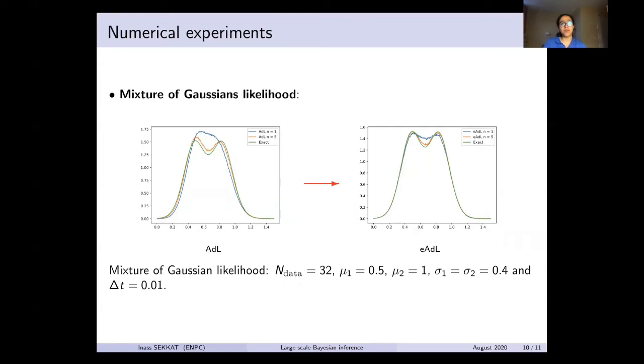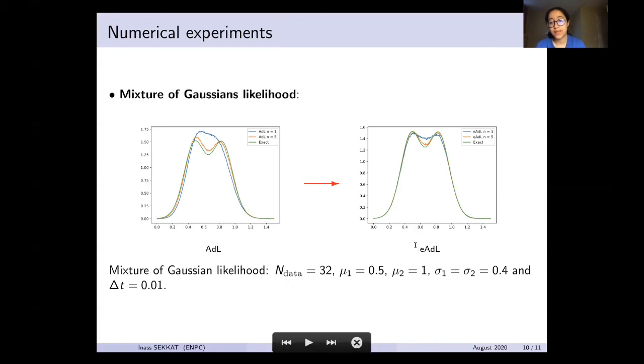So finally, we show some numerical experiments. So we consider the case of a mixture of Gaussian likelihoods. So we run the ADL for different sizes of the mini batch. We can see that the bias increases as n decreases. This is due to the fact that in front of the covariance matrix, there is a term n data over n, so that the variations of the covariance matrix are more significant if n is small.